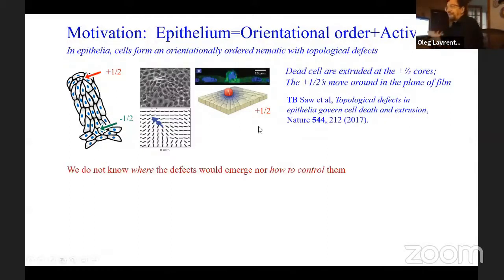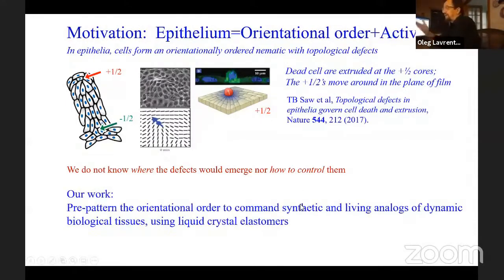So we observed that the tissue has topological defects that play an important role in the functioning of the tissue. But at this stage, we don't know how to control these defects. How do we grow something in which there is an orientational order, and how do we place the defects in certain locations so that the dead cells, for example, can be extracted at those locations? And this was the motivation of the work.